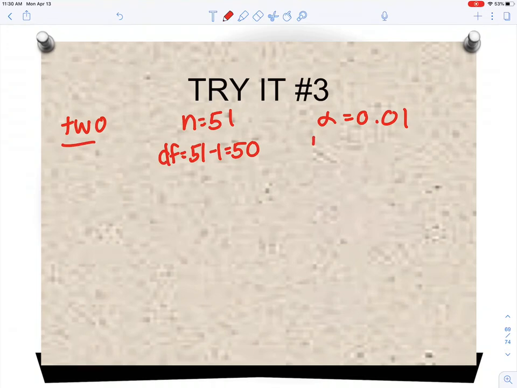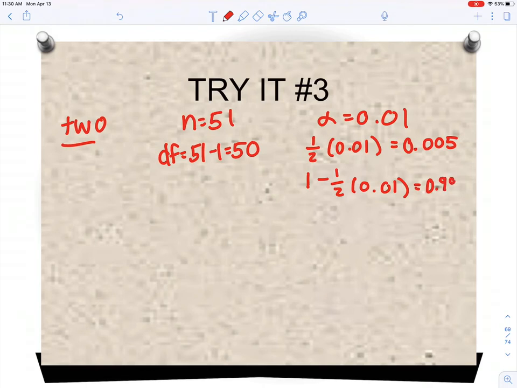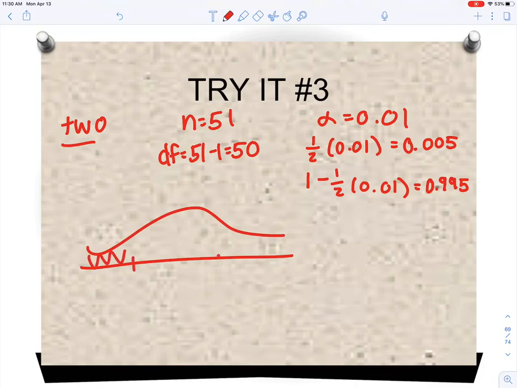And since I have a two-tailed test, I have to do 1/2 of 0.01, and 1 minus 1/2 of 0.01. So I know I'm looking for two values because it's two-tailed. So I'm going to have a left and a right.